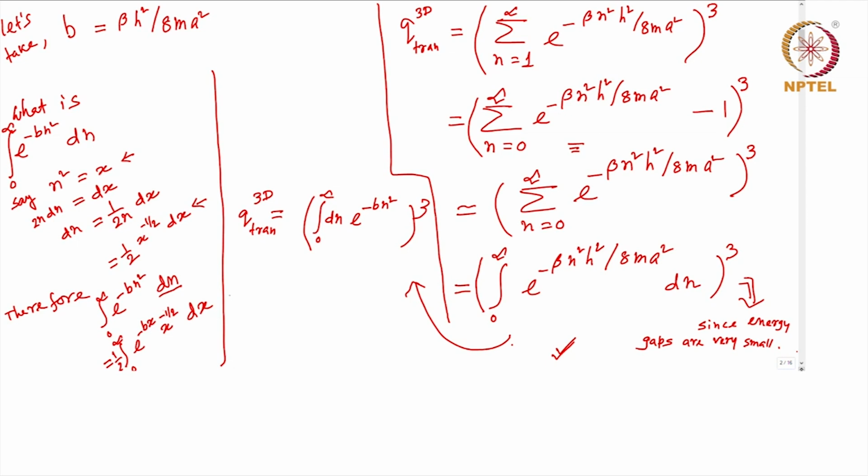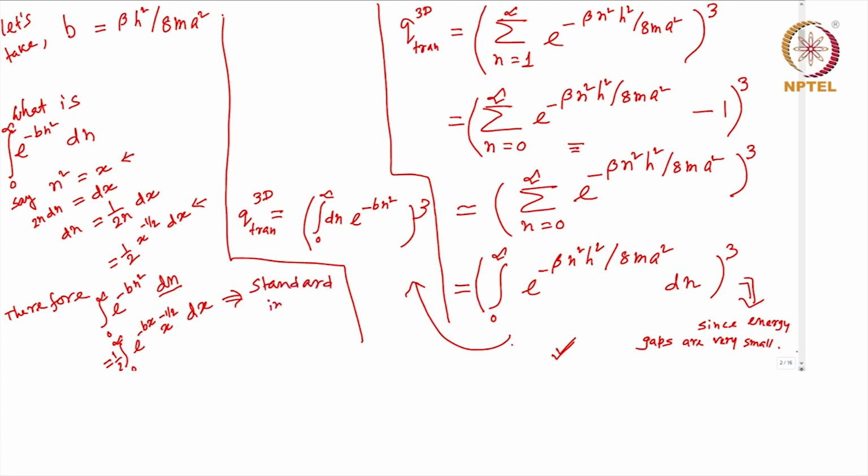And this is a standard integral, and the value of this standard integral is half of square root of pi by b from the standard integral.